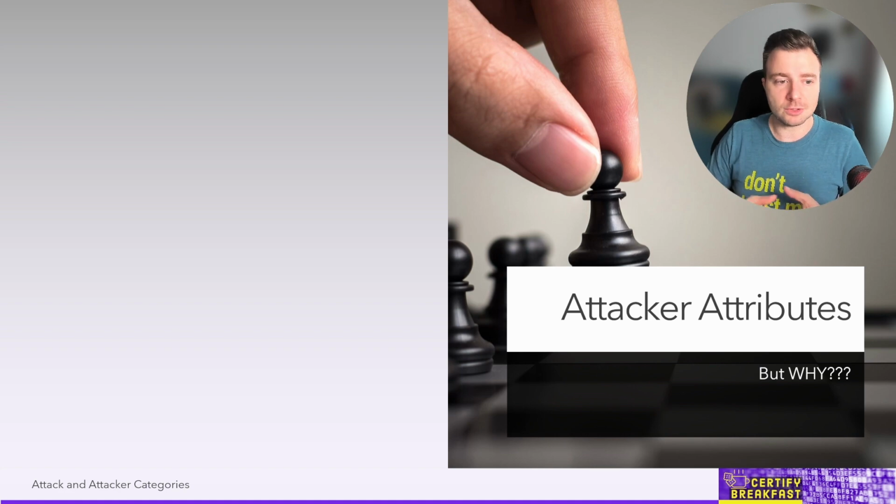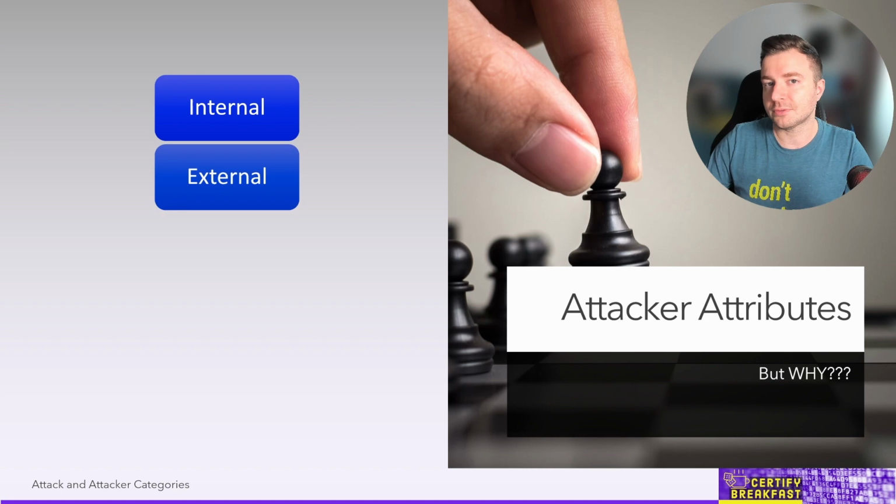All right, so we have to focus on a couple of attacker attributes which were developed over time in order to better characterize the persons or the groups behind the cyber attacks nowadays. And one of the first things that we should focus on is whether the attackers are internal or external. Now, an external attacker is probably the idea that you have in your mind about a, let's say, normal hacker out there.